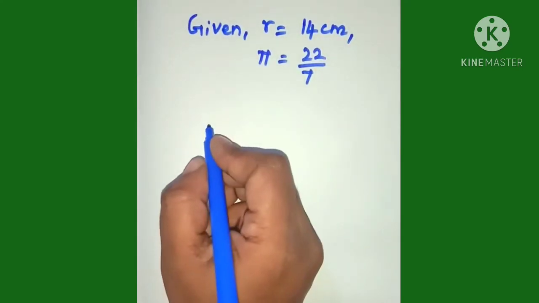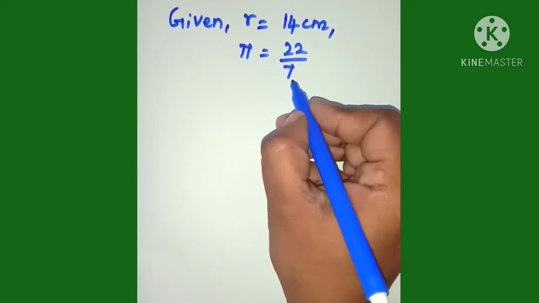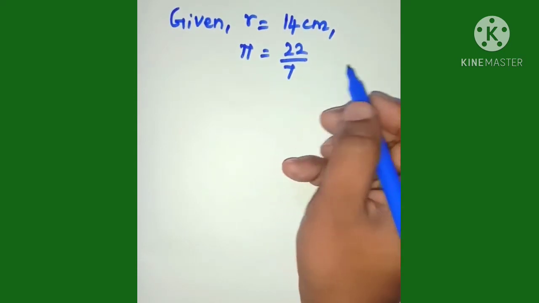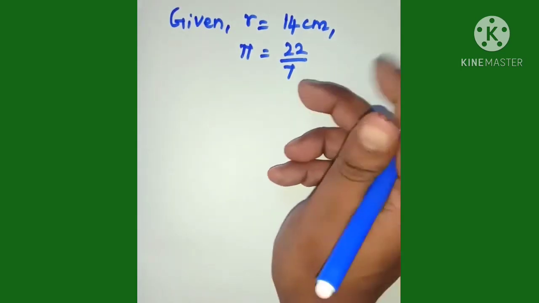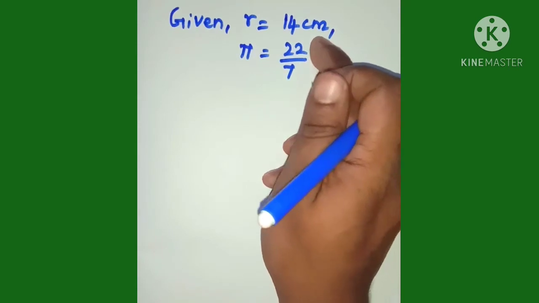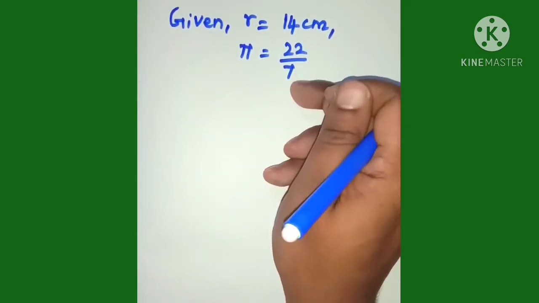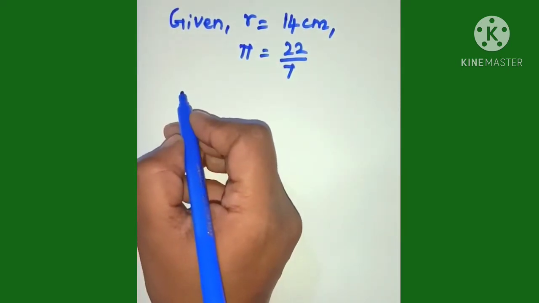So here we know that the value of pi is 22 by 7 and also 3.14. Here in this problem, they have given the value of pi, so we have to use the value 22 by 7. It will be more convenient than 3.14. So now we have to find the circumference of the circular disc.